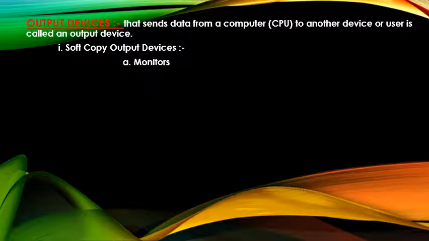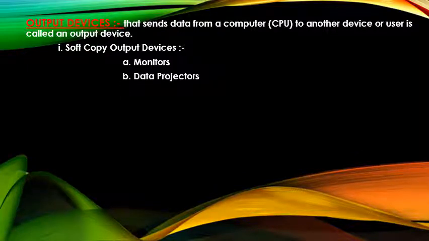Output devices send data from a computer to another device or user. Soft copy output devices: the monitor is the biggest example. Definitely, whatever data is input in the computer, after processing, first we see the result or output on the monitor. That is called soft copy.